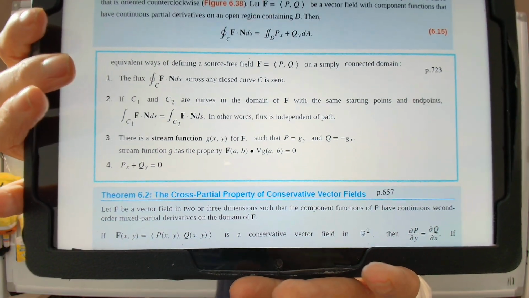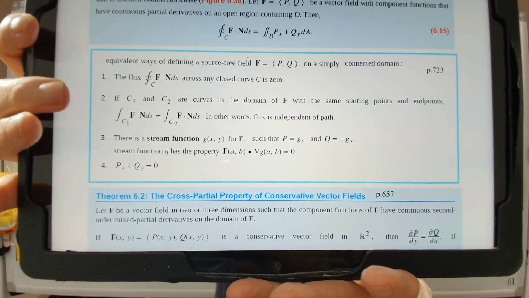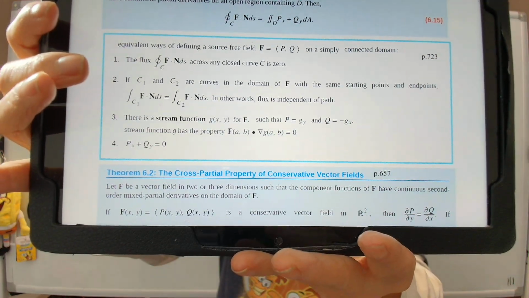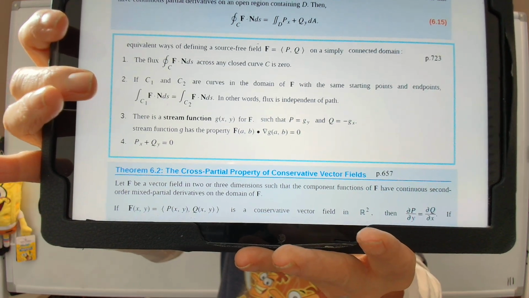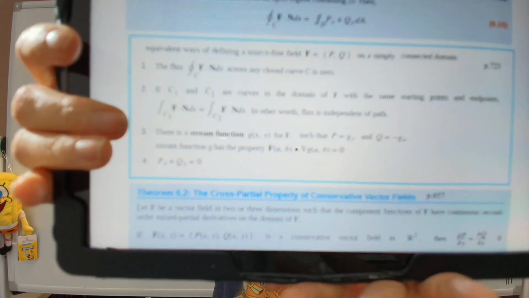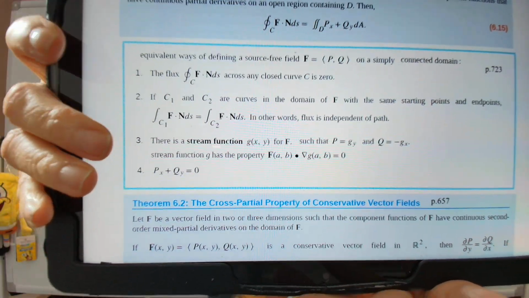If F is a source-free field, then the integral along two different paths is the same. That is, it is independent of path. Remember all these things are equivalent. They all mean the same thing.